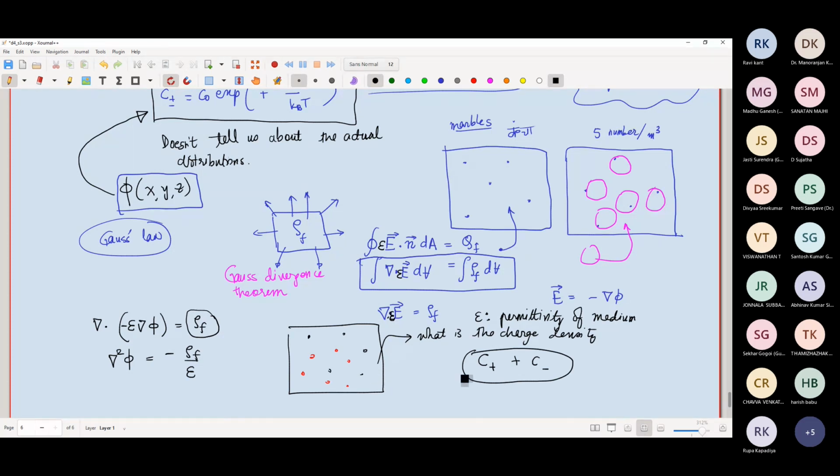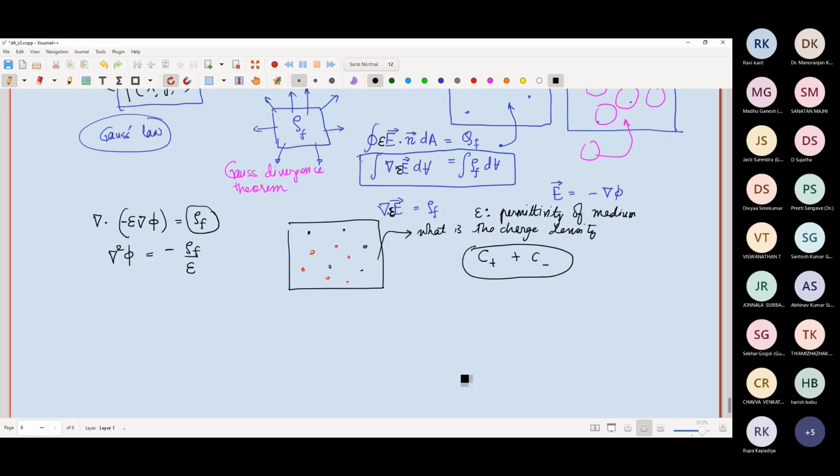But in this particular case, we are more interested in finding the charge density, and so what can be the expression for the charge density? We must obviously multiply it by its appropriate valency and the protonic charge. So it will be Z plus C plus e plus Z minus C minus e, and in case Z plus is equal to Z and Z minus is equal to minus Z, we can write this as Ze (C plus minus C minus).